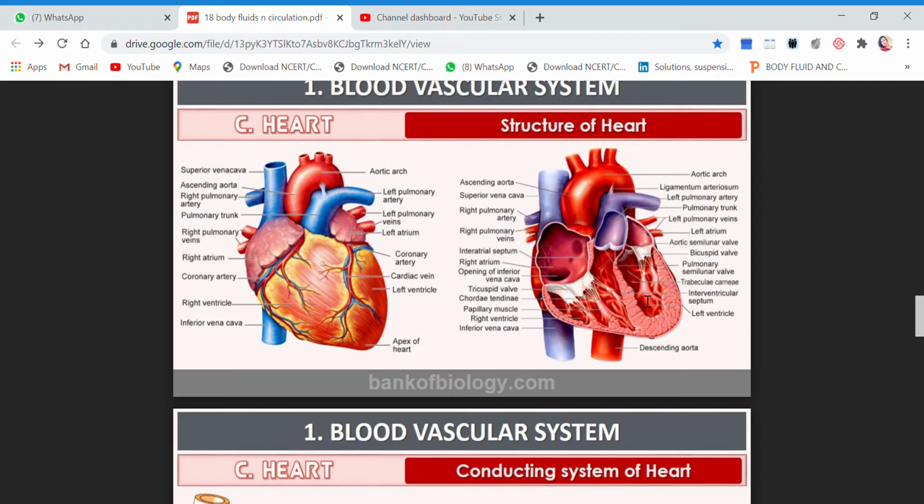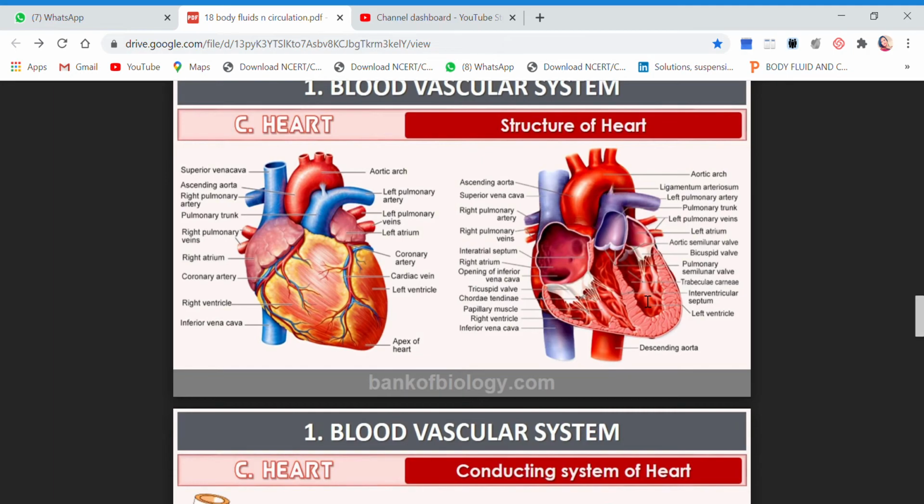Just remember this, children: twice the blood has entered the heart and twice it has left the heart. Both the auricles are filled up simultaneously, and as soon as the auricles contract, the blood moves on to the ventricles.